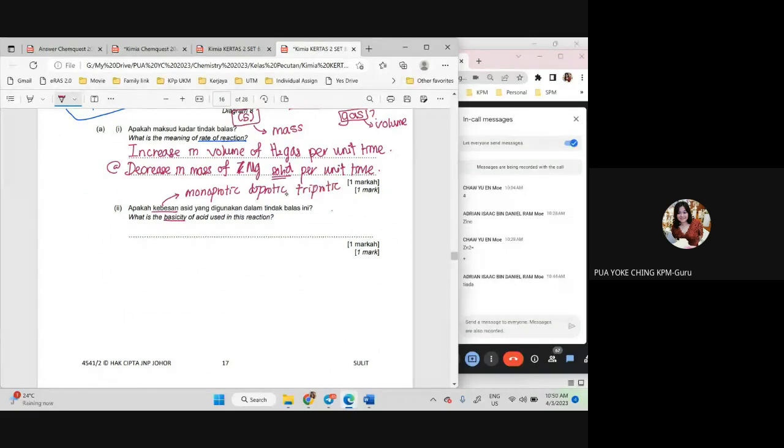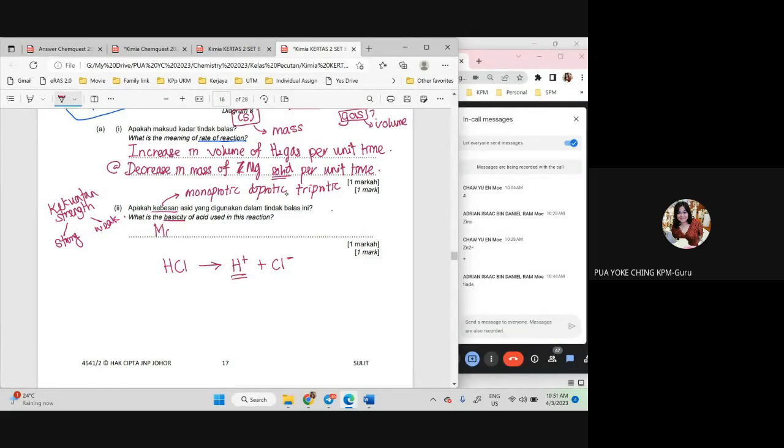Okay, this is kebesan. Satu lagi is kekuatan asid. Strength. Kalau kekuatan hanya ada dua, satu strong, satu weak. So, asid yang saya pakai di sini ialah HCl. When you ionize, you get H plus Cl minus. Satu saja H plus.